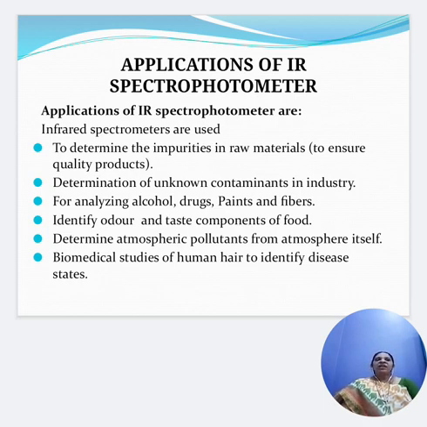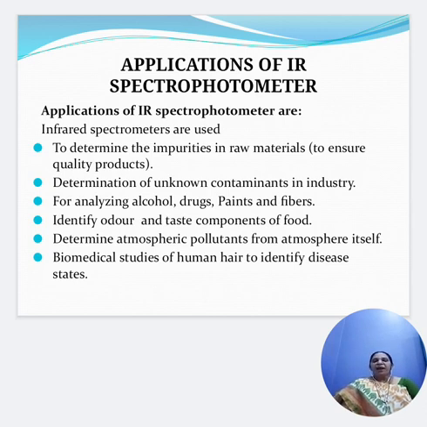So, infrared spectrophotometers are used to determine the impurities present in the raw materials to ensure the quality of the products. They are used for determination of unknown contaminants in industry, for analyzing alcohol, drugs, paints and fibers, to identify odor and taste components of foods, and to determine the atmospheric pollutants from the atmosphere itself.